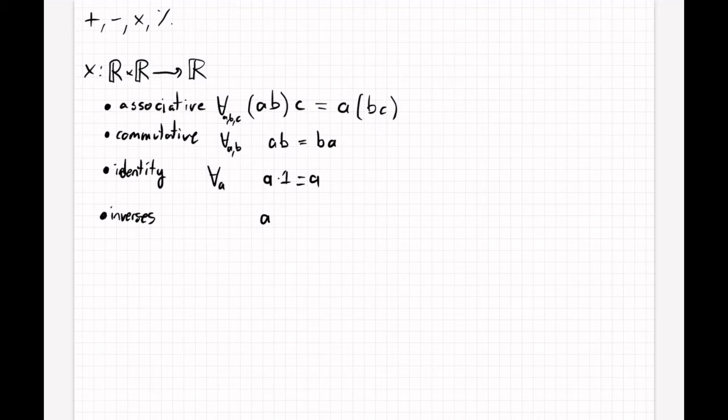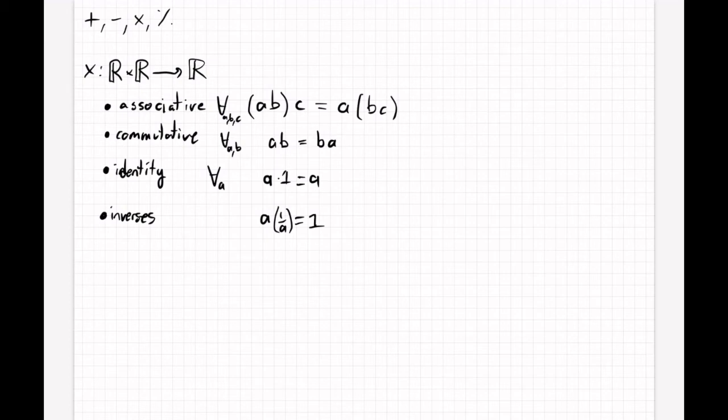So for multiplication, I want A times some other number is equal to 1. So what is the number? It's 1 over A. A times 1 over A. You'll cancel the A's here, and you'll get 1. Okay.